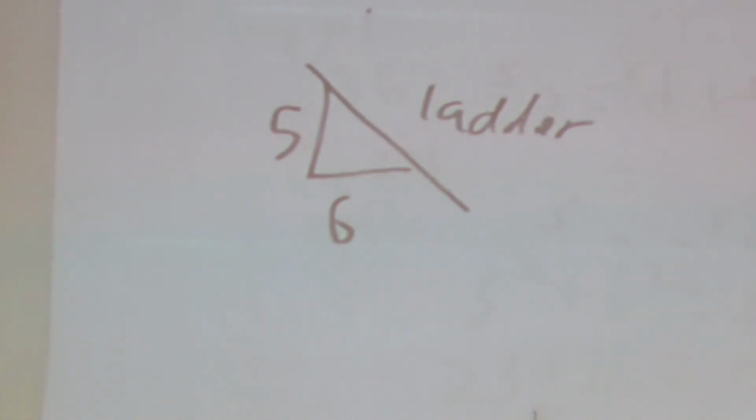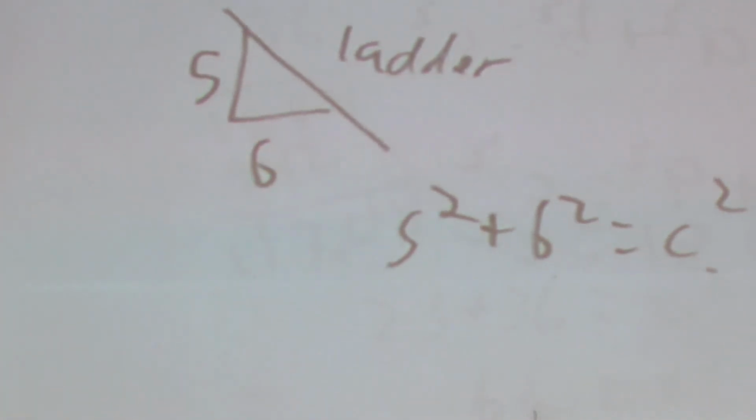The next one is asking you about a ladder: how tall a ladder needs to be if you need to set it up so that it's a certain distance from the house and it needs to go up a certain distance. So in this example, I have 5 and 6. So it's going to be the same formula, a squared plus b squared equals c squared.